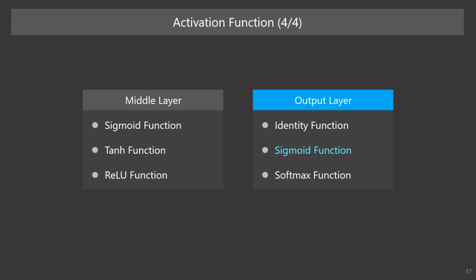When we use a neural network for a multi-class classification problem, we apply a softmax function to the output layer. Softmax function is a complex function, and its mathematical explanation is beyond the scope of this course. But let me tell you, softmax function is applied when we use a neural network for multi-class classification.